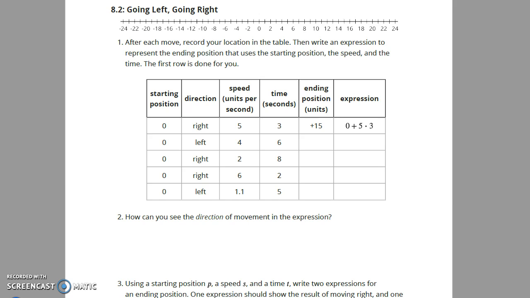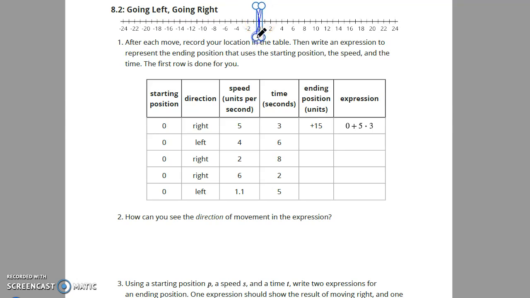Okay, 4, going left, going right. Very exciting. After each move, record your location in the table. Then write an expression to represent the ending position that uses the starting position, the speed, and the time. The first row is done for you. So, starting position is 0.